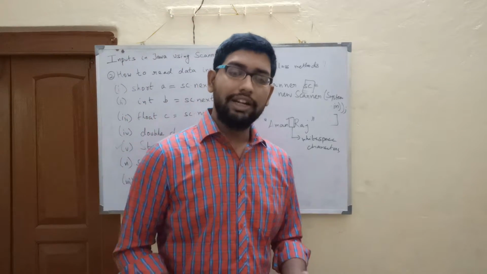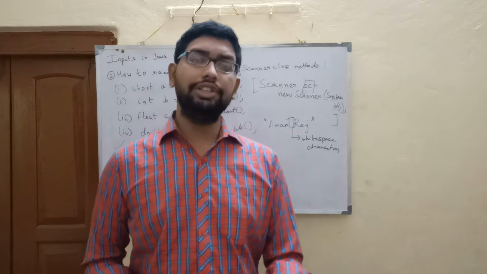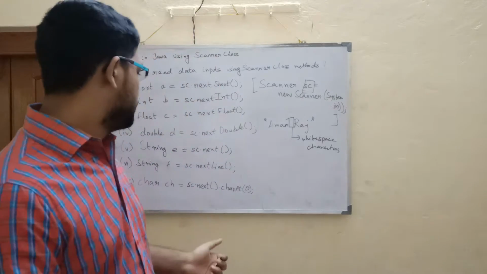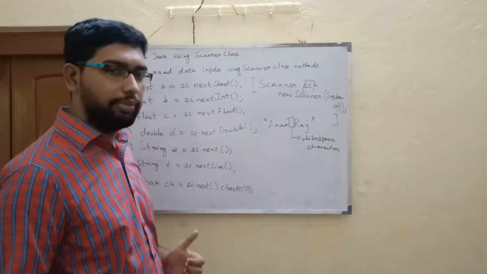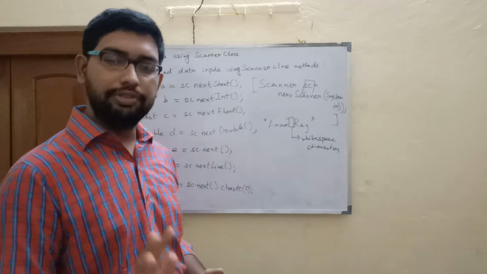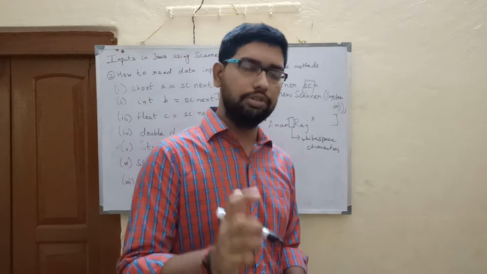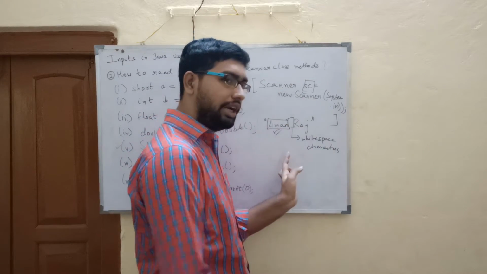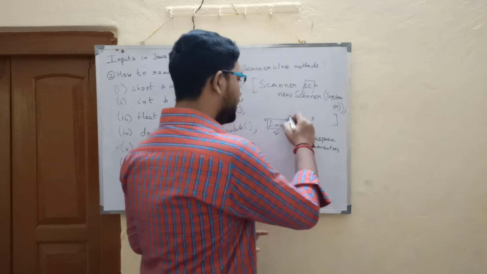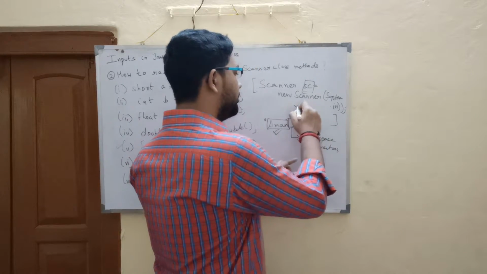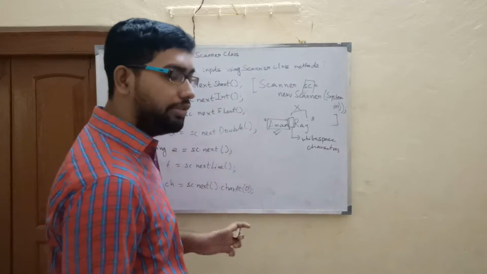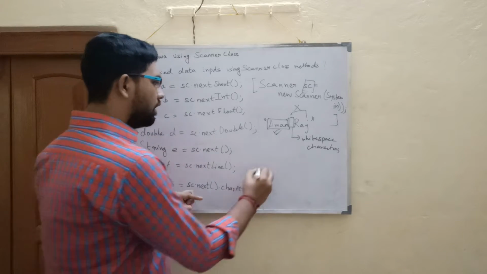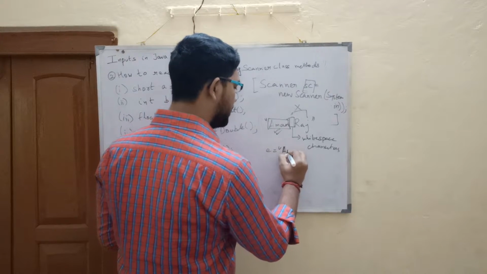So what is a delimiter? Delimiters are characters which show where a particular statement ends. So the sc.next command will only take the first value, that is Aman. The rest of the part after the white space character will not be taken. Even if you enter Aman Raj as an input, the variable e will store the name Aman only.